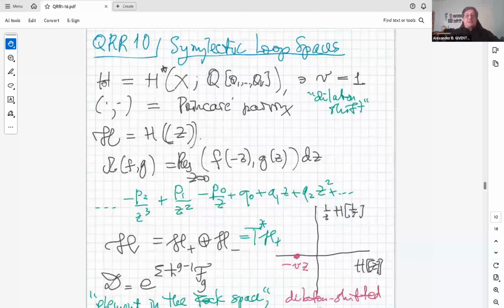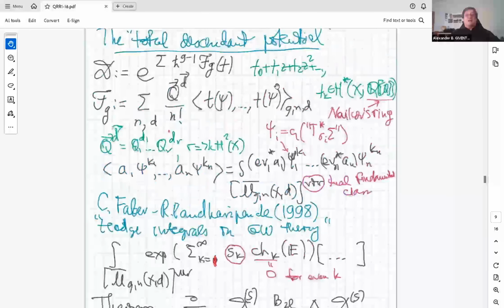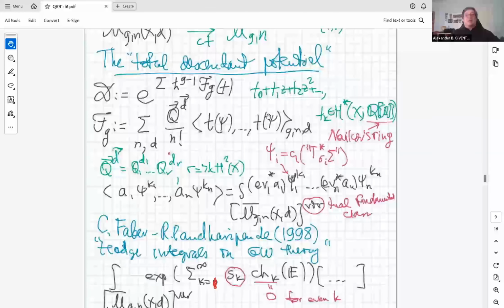And that letter z we encountered several times, and it has different meanings. If you look at what we discussed last time, it was a placeholder for psi classes in the intersection theory on the moduli spaces.